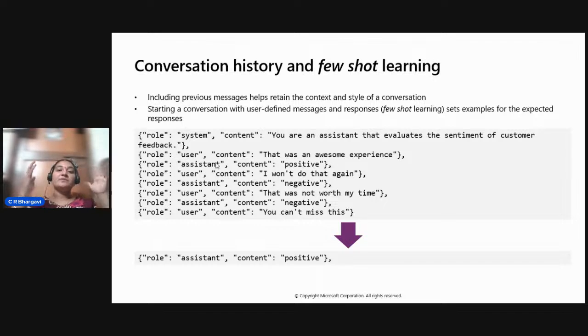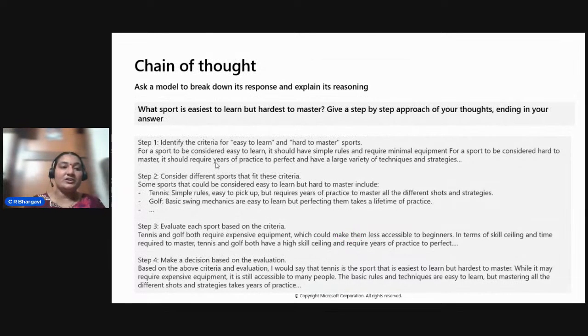Few-shot learning is when you give multiple examples, and the model gets trained with those examples, and that's called few-shot learning. When you are training with the conversation history, you get an option for the same. And then chain of thought is when you ask the model to break down its response and explain its reasoning.